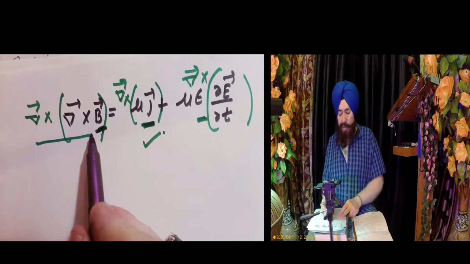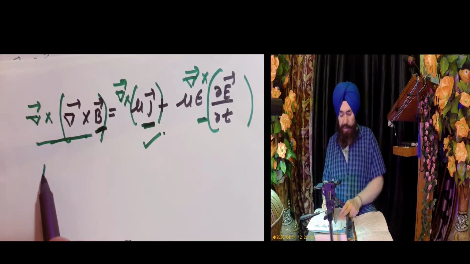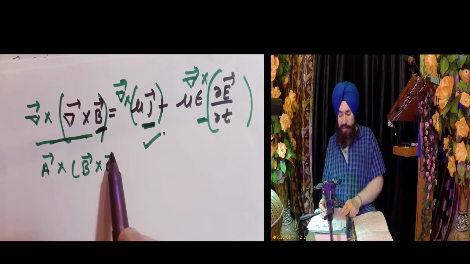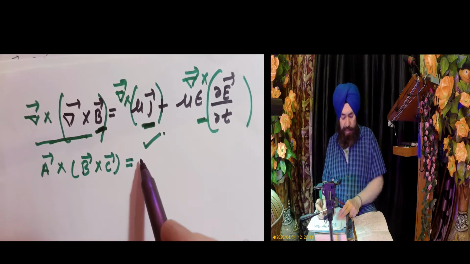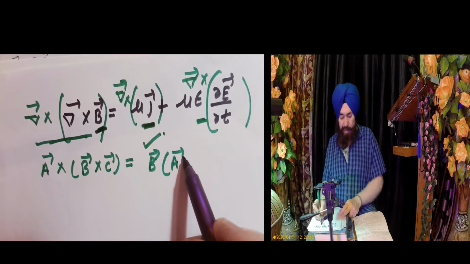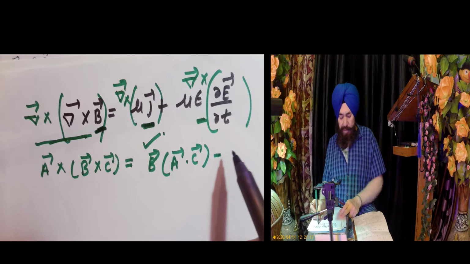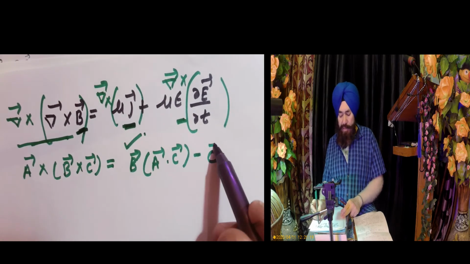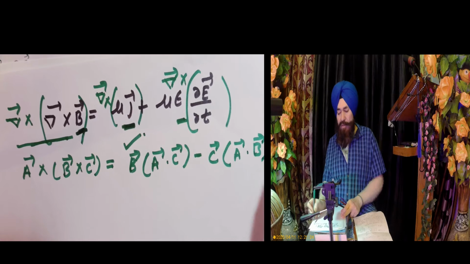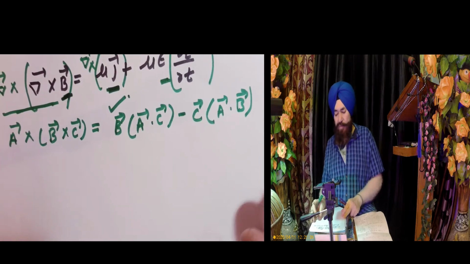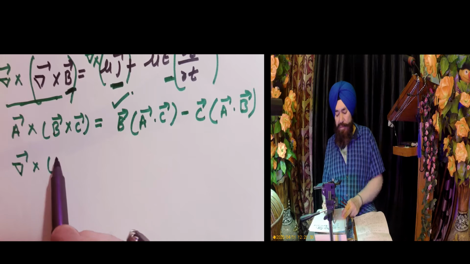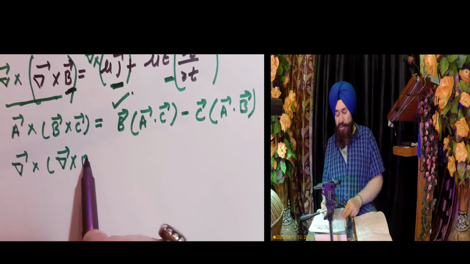So now applying the formula that A cross B cross C is equal to B vector (A vector dot C vector) minus C vector (A vector dot B vector). So what is del vector cross del vector cross B vector?